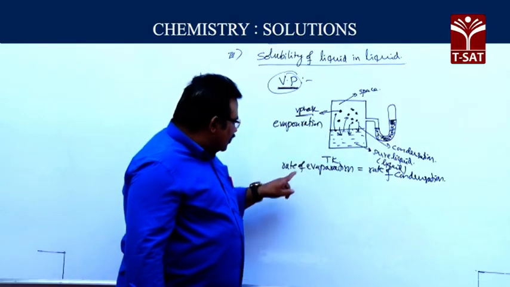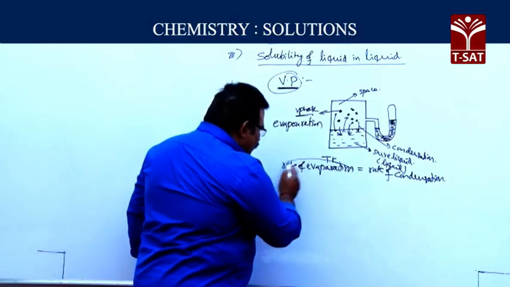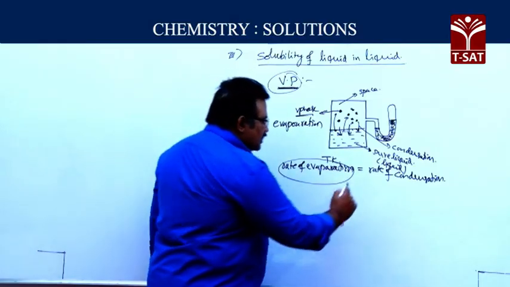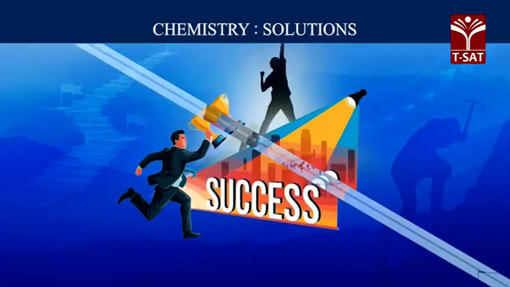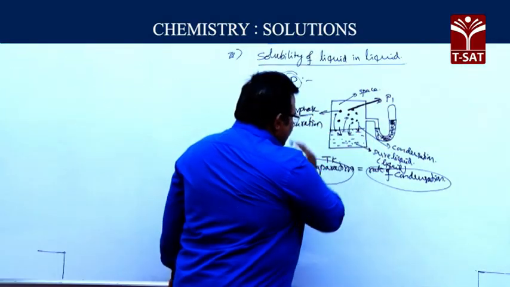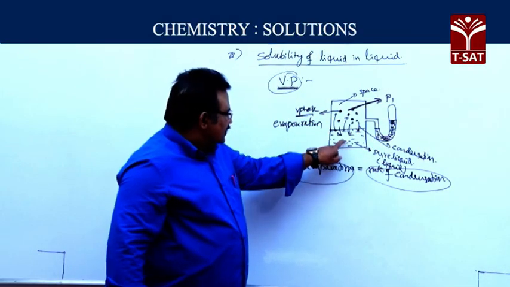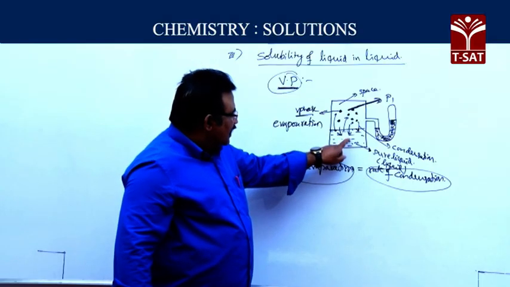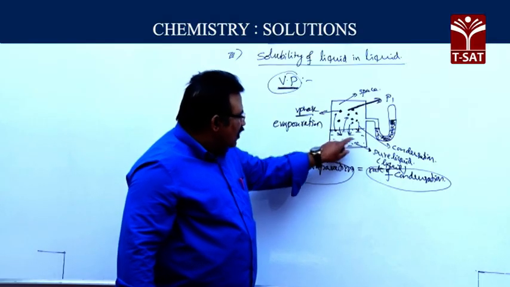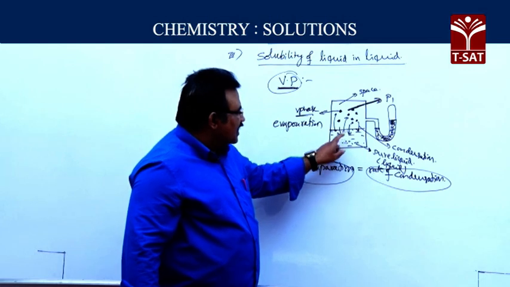So, at dynamic equilibrium what happens? Rate of evaporation is equal to rate of condensation. The liquid here is having the molecules whose kinetic energy is less.